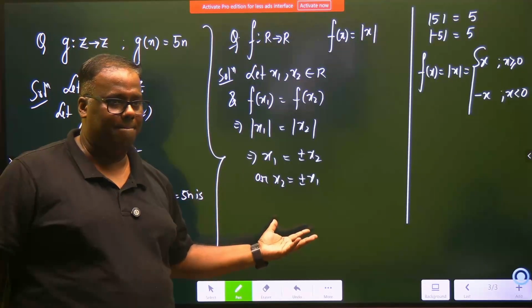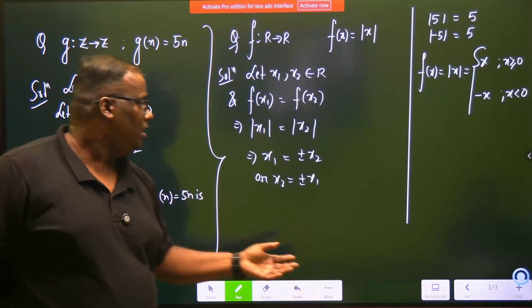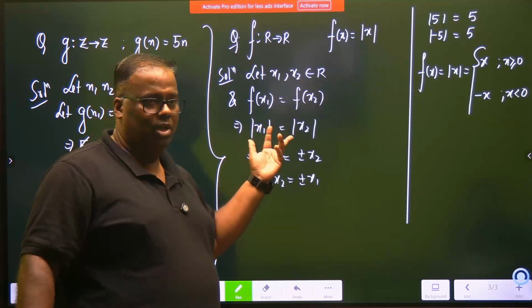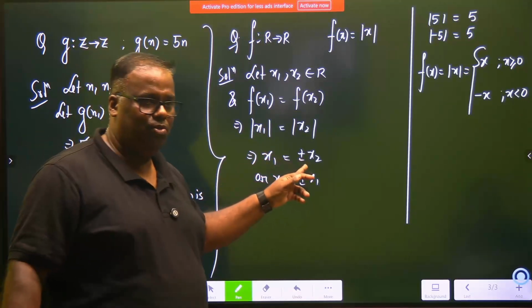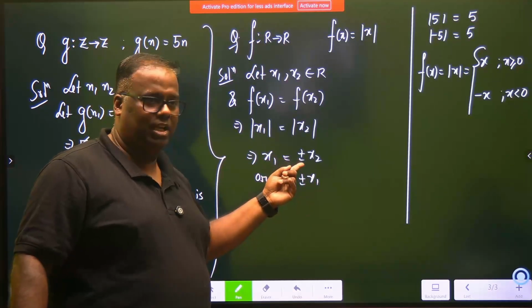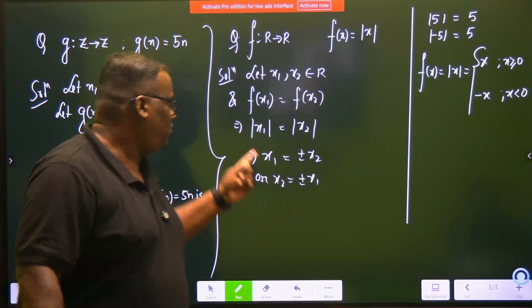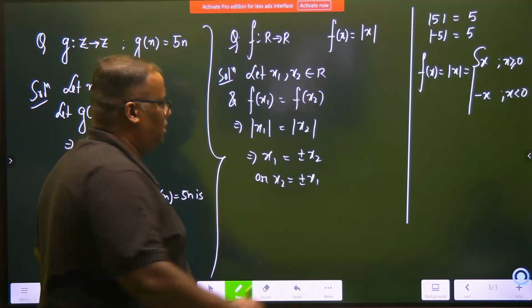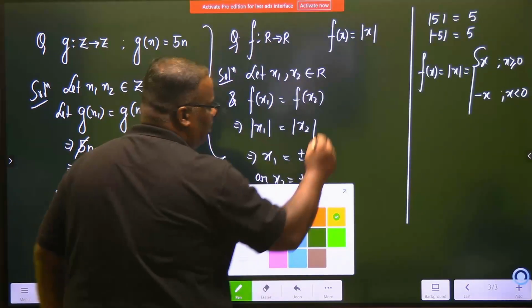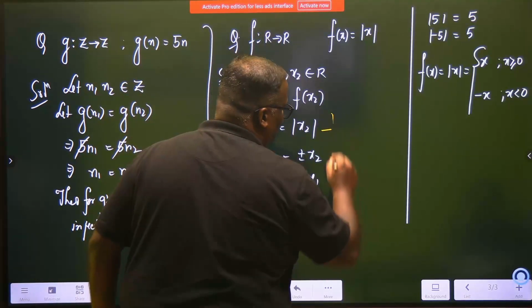If you remove the modulus, what are your criteria? You tell me. Both were positive. Either one was negative. See, if it was a negative x1, still it will give what? x1. The criteria from here, what do they boil down to?